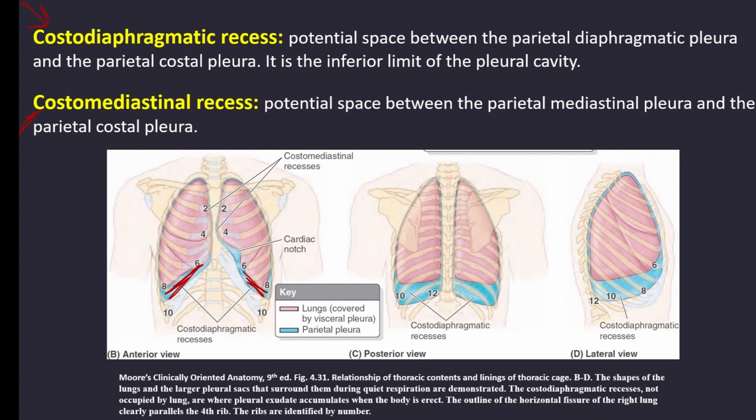If you look at the extent of the lung, that costodiaphragmatic recess is inferior to the inferior-most extent of the lung. So in a standing patient, if you go to that costodiaphragmatic recess, you are able to withdraw pleural fluid that's accumulated here by gravity without puncturing the lung, which of course we don't want to do.